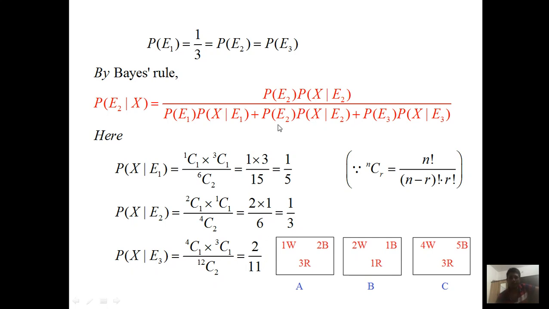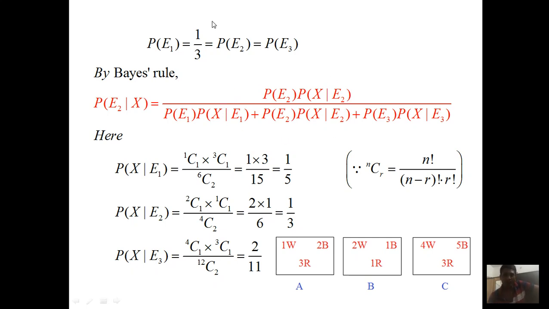So see carefully, probability of E2 is known, probability of X given E2 is known, one third, probability of E1 is known, probability of X given E1 is known, 1 by 5. So we are interested in finding this highlighted red equation, and each and every term on the right hand side is known.